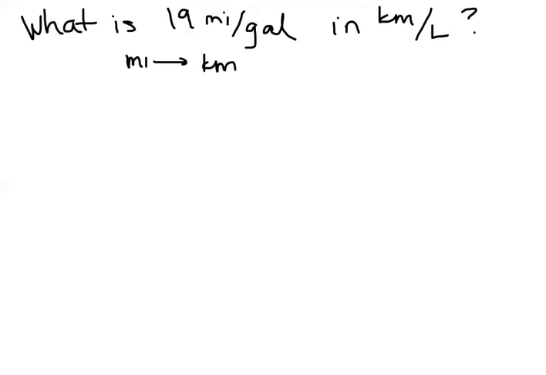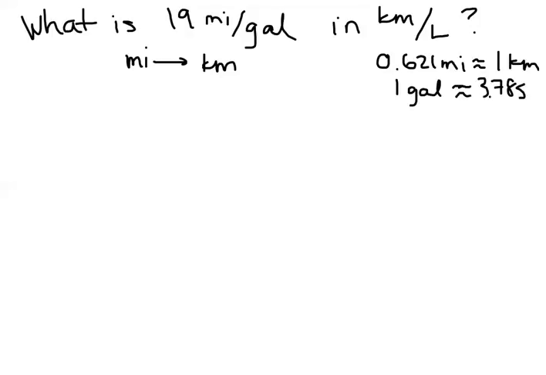That's our number 1. Let me give you those conversion factors again, if you forgot. The second conversion we're going to do is the bottom units, and that's we're just going to go from gallons to liters.